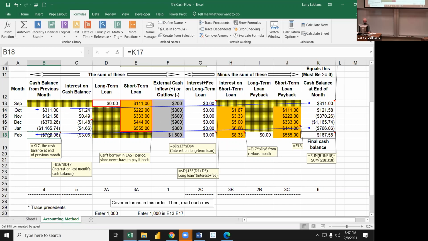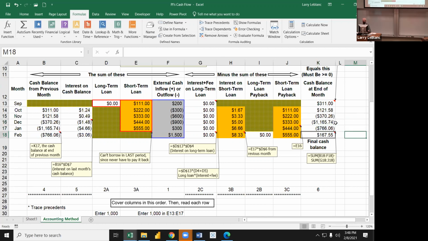The cash balance at the end of February is calculated as the cash balance at the beginning of February, which is the cash balance at the end of the prior month, January. The final cash balance has the double black border.